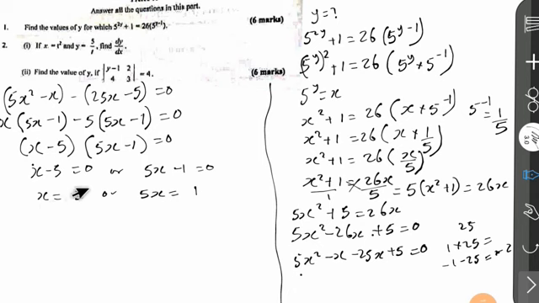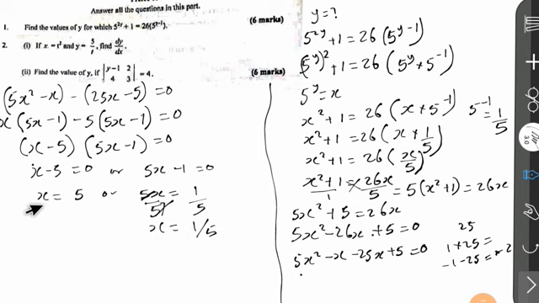So the value of s here is equal to 5, and in this place we have 5s, so you need to divide both sides by 5. So this cancels 5, cancels 5 here. So it means s is equal to 1 over 5.